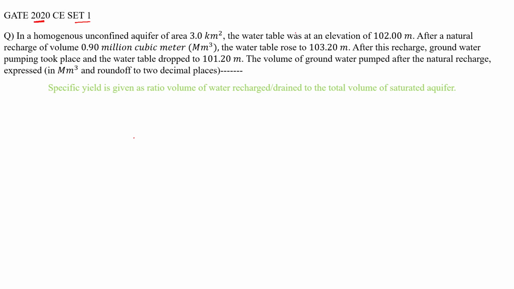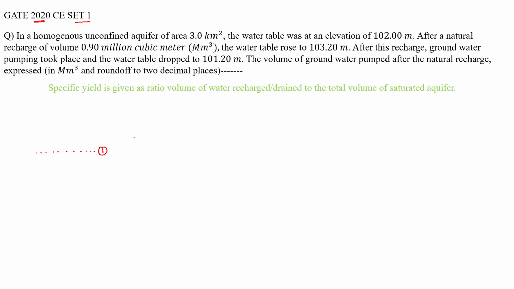After a natural recharge of volume 0.90 million cubic meter, the water table rose to 103.20 meters. After this, groundwater pumping took place and the water table dropped to 101.20 meters. The volume of groundwater pumped after the natural recharge, expressed in million cubic meters and rounded off to two decimal places, is asked.